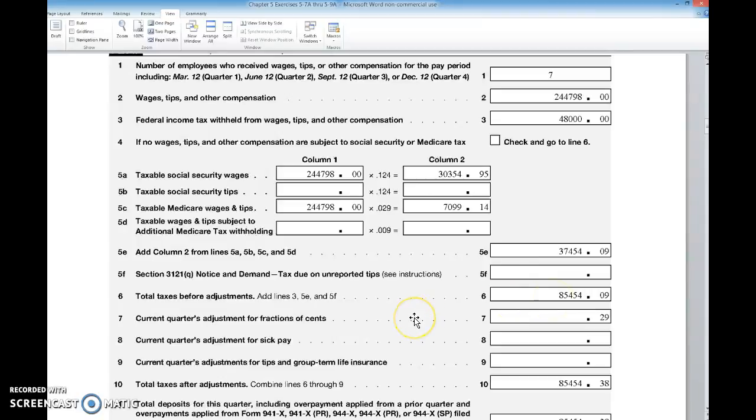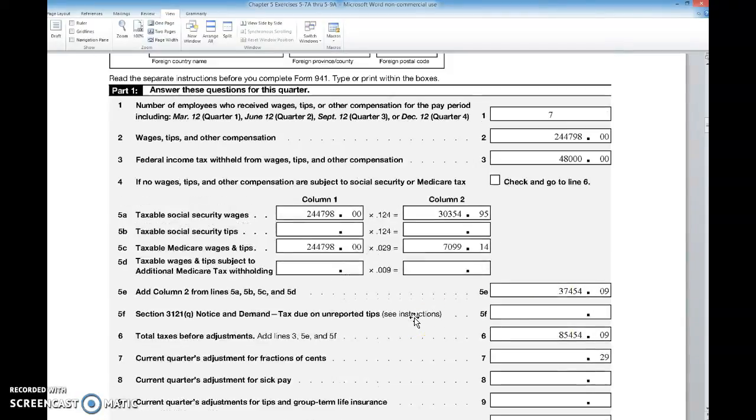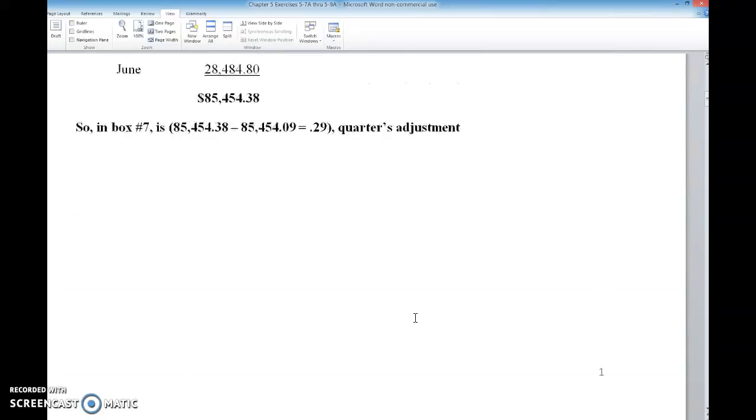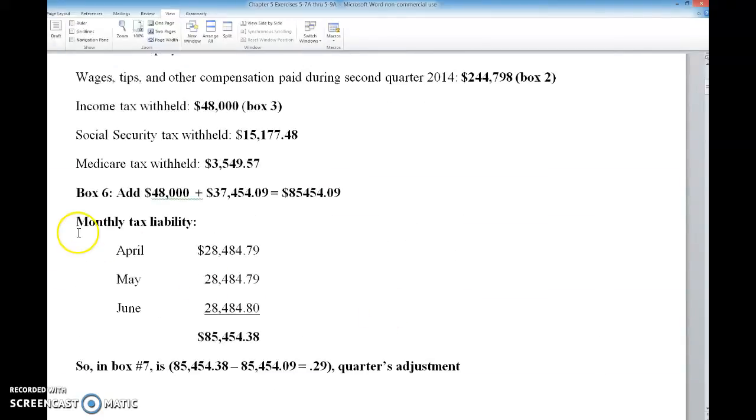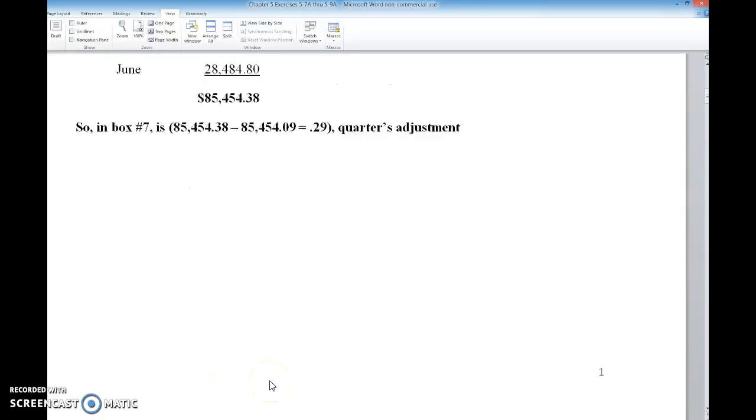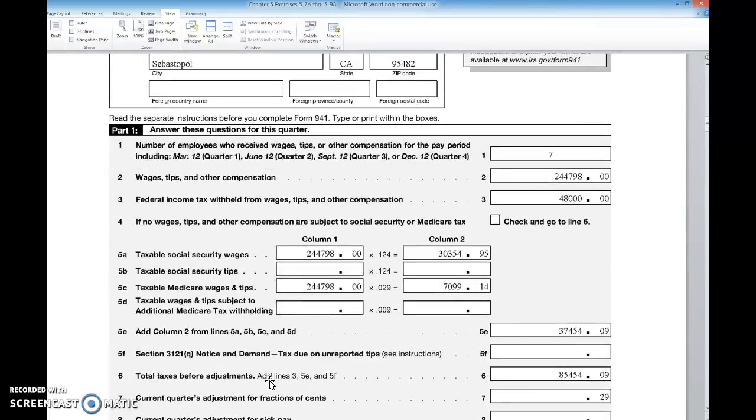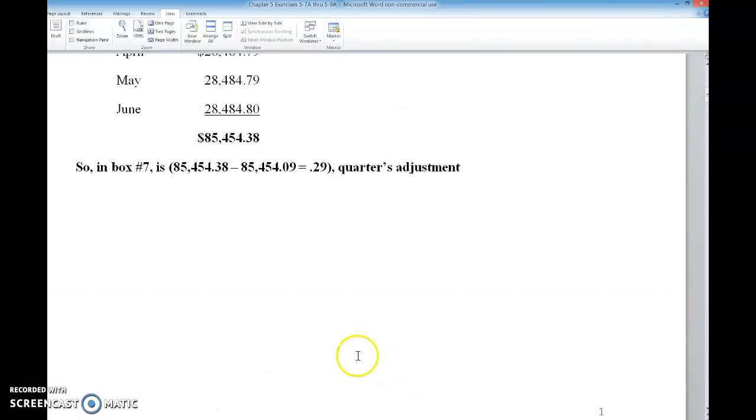And then the current quarter adjustment, where that 29 cents is coming from, I have it up here. They give us the total tax liability that the employer has paid for April, May, and June. The employer's tax liability is $85,454.38. What we need to do is take the employer's tax liability and subtract the tax liability that we got on line 6 of the form, and that's where that 29-cent quarter adjustment comes into play.